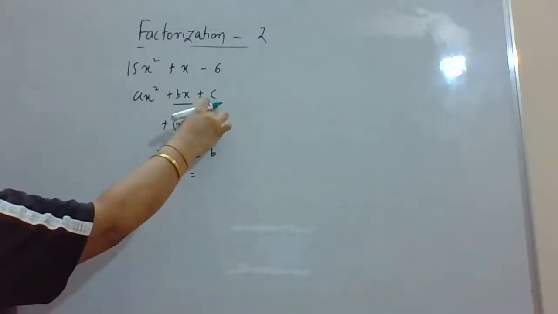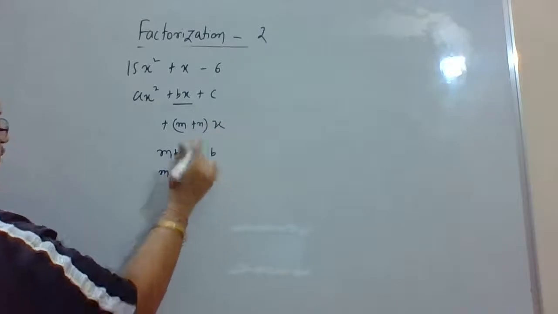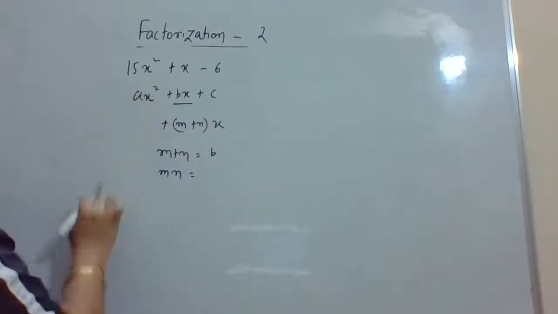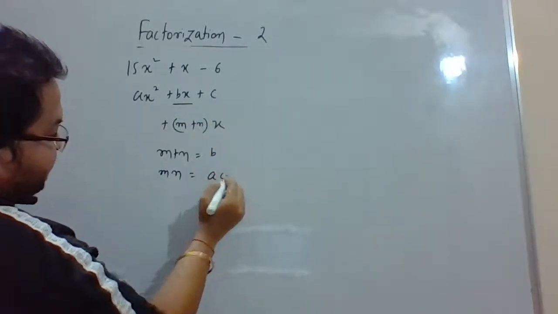Here c is the coefficient of the term where you don't have a variable. So mn equals that coefficient into the coefficient of x squared. So mn should equal ac.